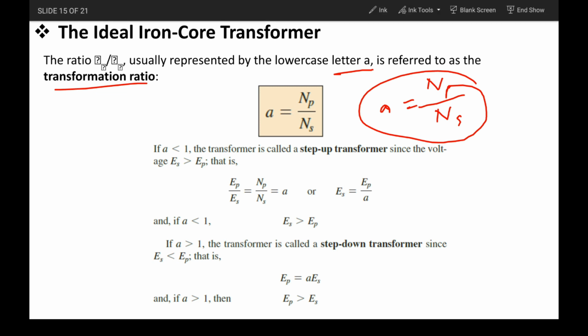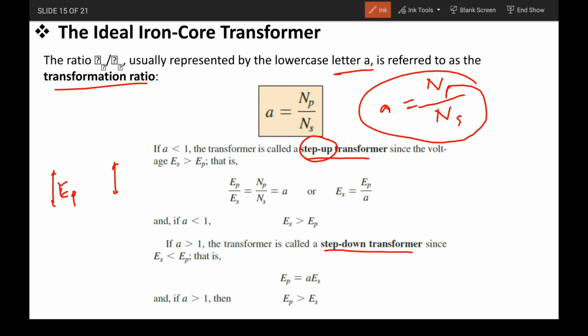And there is another significant impact of this turns ratio. In general, a transformer can be either a step up transformer or a step down transformer. Step up means that if we supply some amount of voltage to the primary, this voltage will be stepped up, that means increased at the secondary.